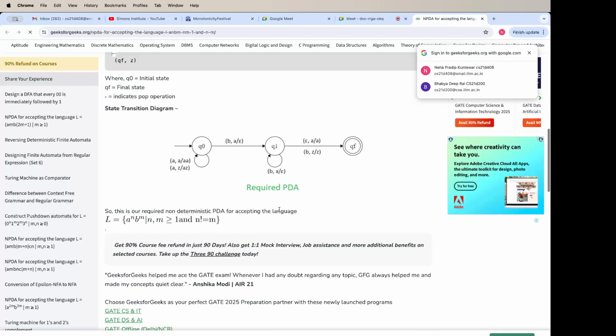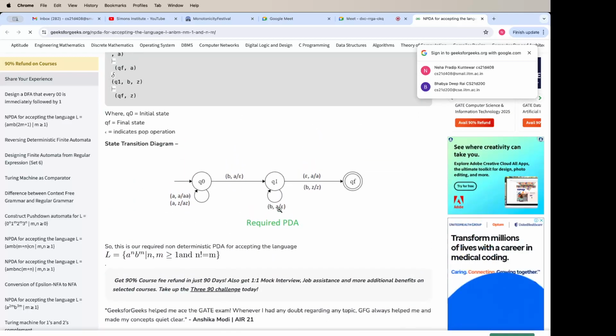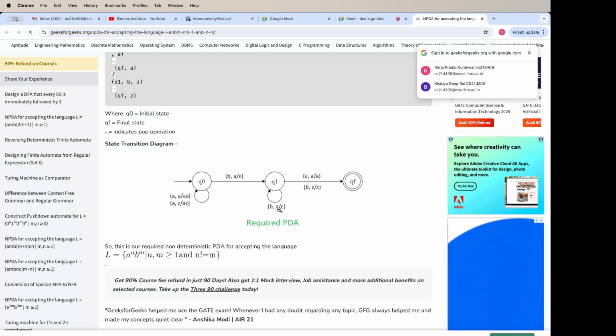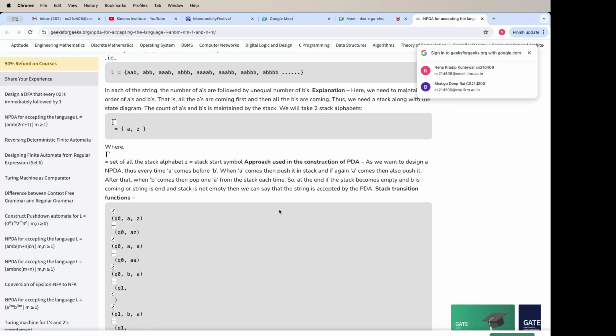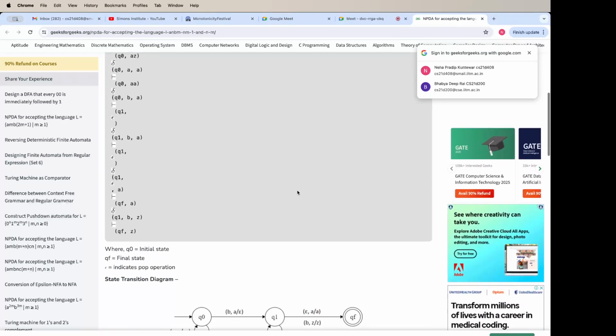Yeah, but they follow the same thing, right? When B comes, pop one A from the stack each time, so that at the end, if the stack becomes empty, the string is accepted. Well, the idea is the same, at least from what they are explaining, that the string is ending and the stack is not empty, then we say that the string is accepted.